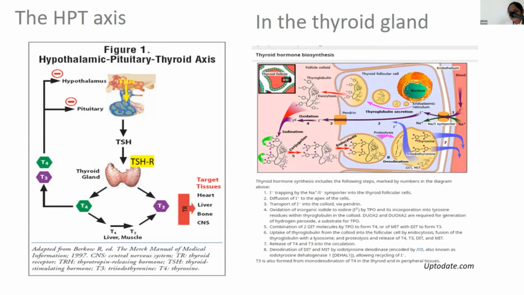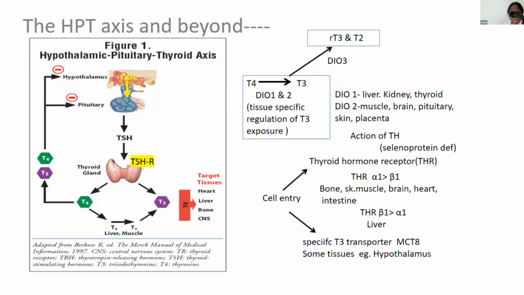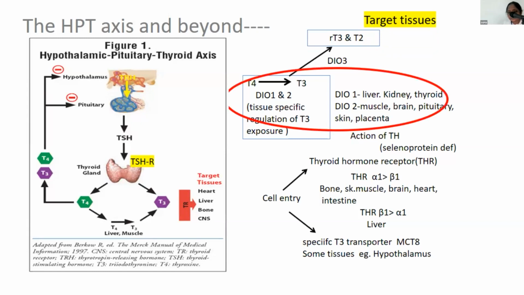But the knowledge of this is very important, because when we don't see a straightforward case of hypothyroidism, we really need to go back and look at what's happening. And it doesn't stop there. We have the target tissues. We have the deiodinases: deiodinase 1 and 2 convert T4 to metabolically active T3.